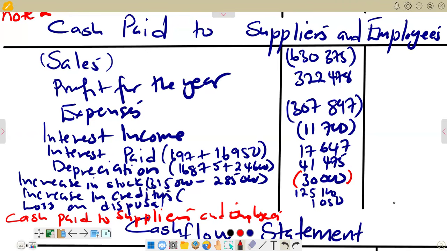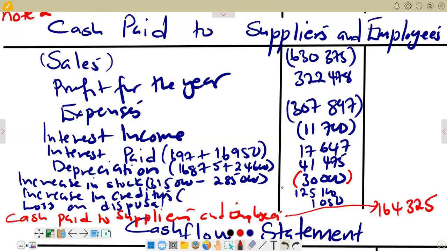And the answer that we are supposed to get here is 164,325. So this is going to be your figure for cash paid to suppliers and employees.